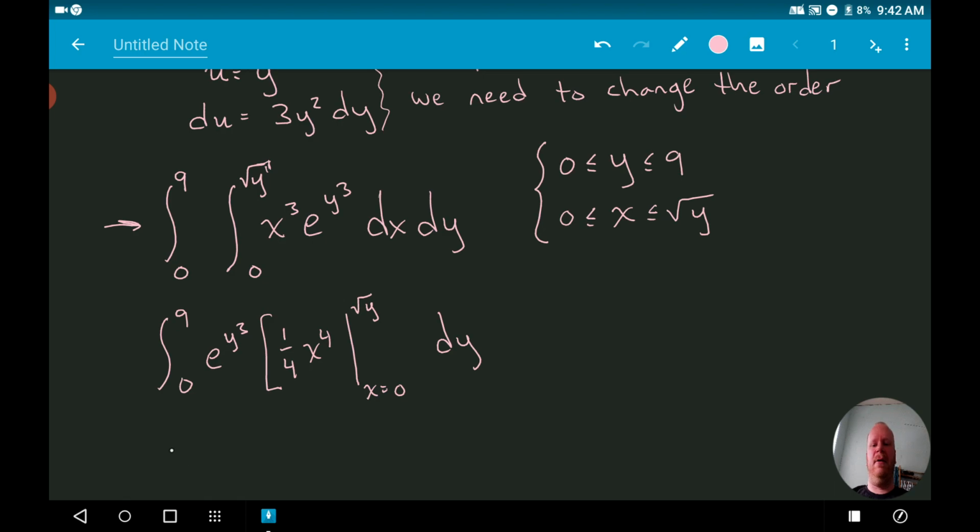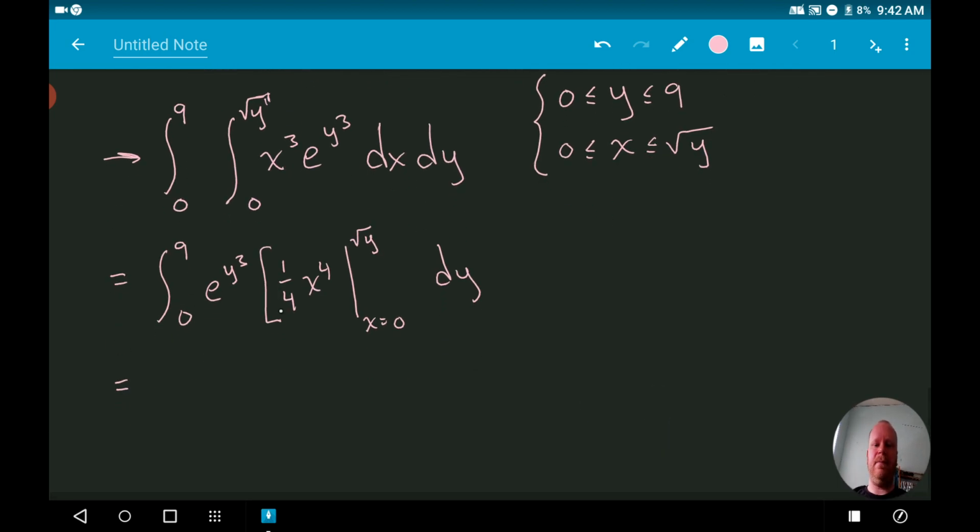And then at the end, I can integrate that with respect to y. Okay. e to the y to the third, and this is going to be 1/4. And that looks like y squared. All right, square root of y to the fourth dy.